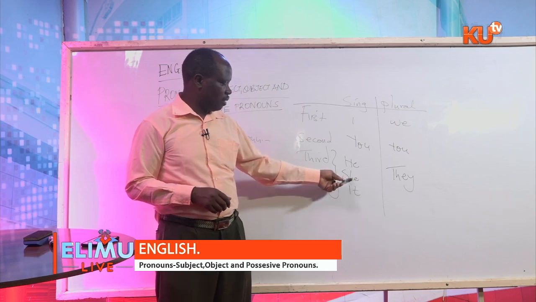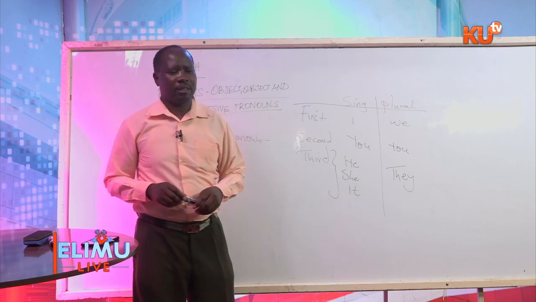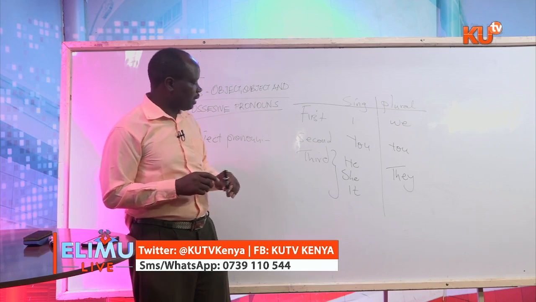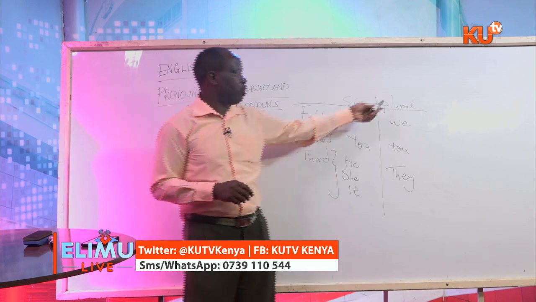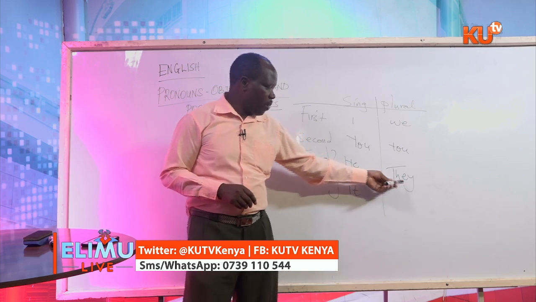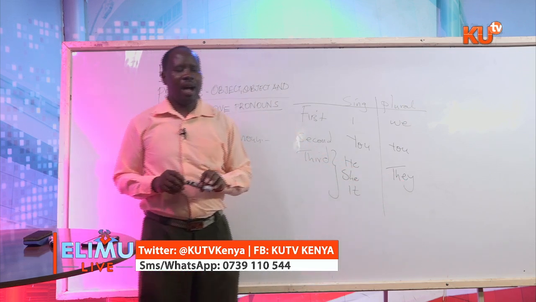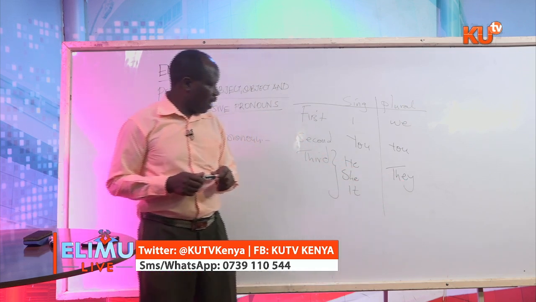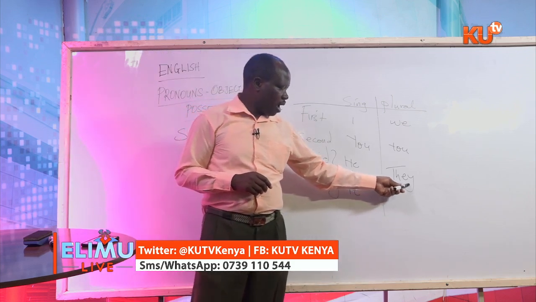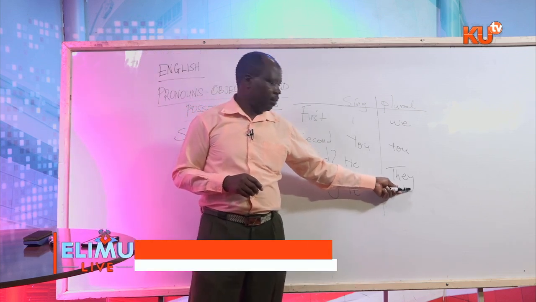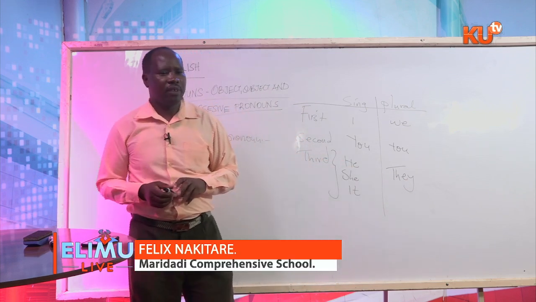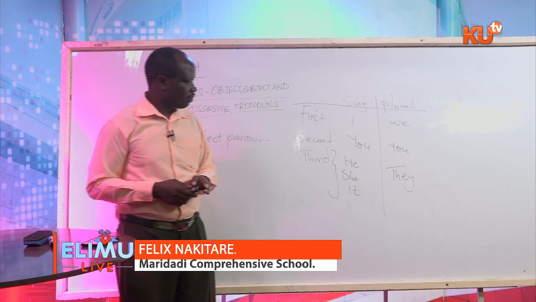But here there are two human beings, meaning it takes us to third person, but now plural, where we come to they. Therefore, where we are given that James and Goliath are laughing, the plural third person pronoun will be they. We therefore say they are laughing.